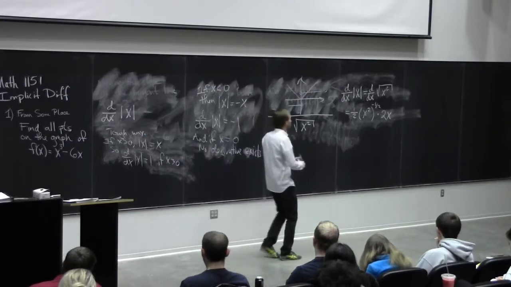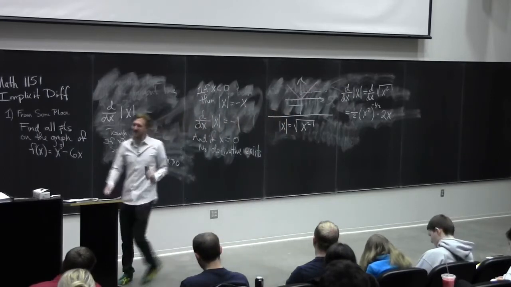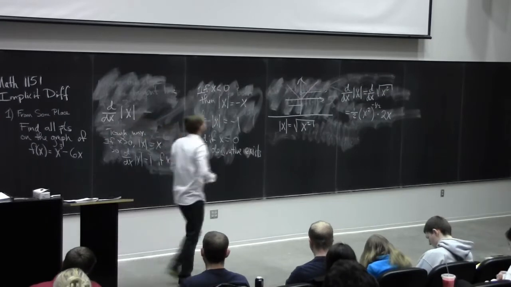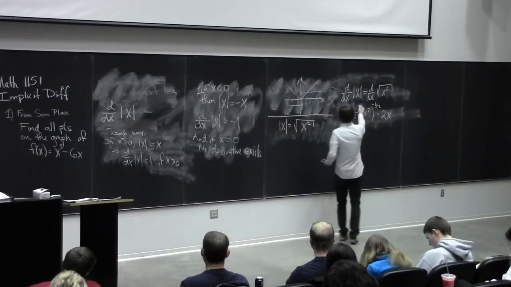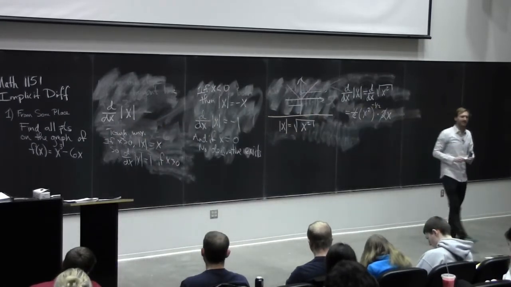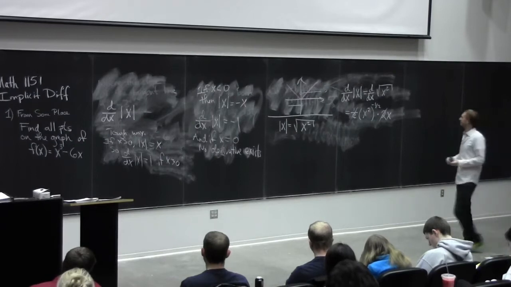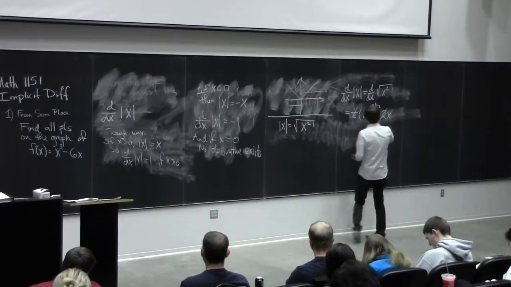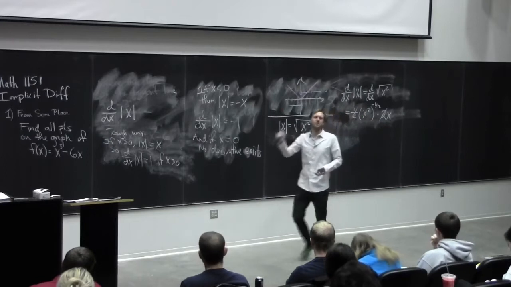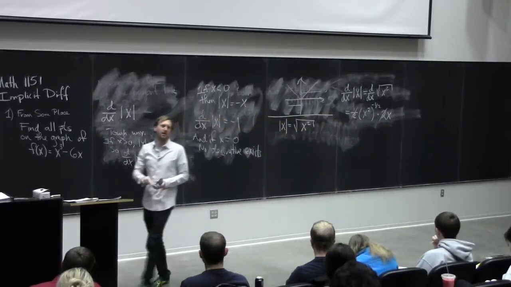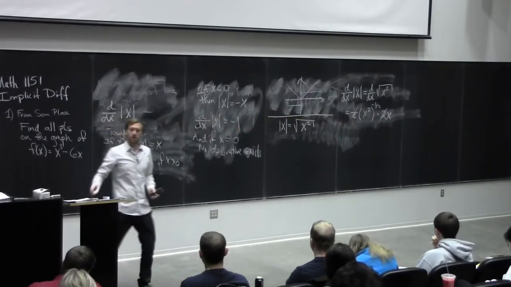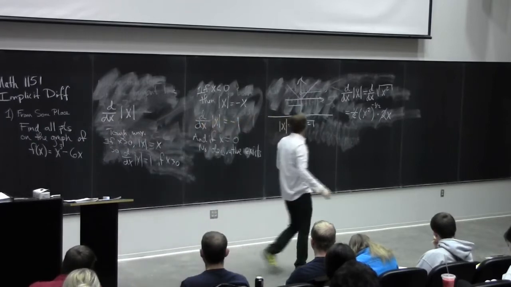Let's simplify it. Sometimes if you simplify things, it makes things easier. So the 1/2 and the 2 cancel, right? What does it mean to raise something to the minus 1/2 power? Yeah, it's 1 over the square root.